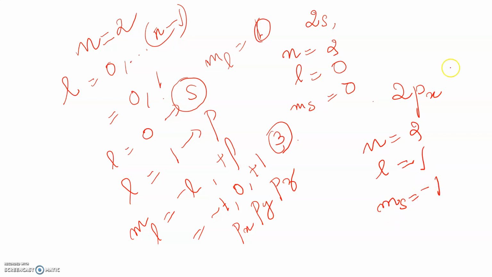What about 2py? n is 2, L is 1, and ml is 0. For 2pz, n is 2, L is 1, and ml is 1. Sorry, I have been writing ms, it should be ml. This is the way you find the quantum numbers corresponding to each electron.